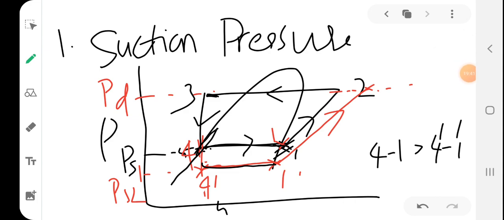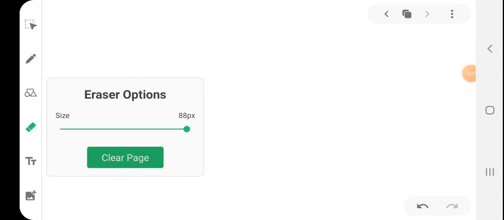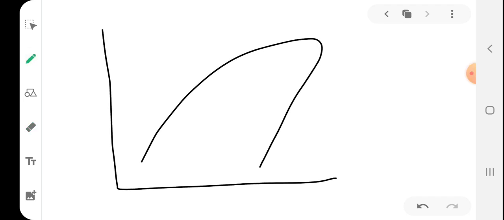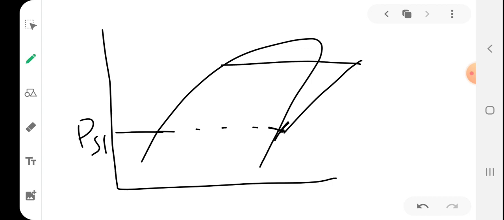I will draw it once more, as it is not that clear. This is 1. This pressure is suction pressure PS1. I will condense only up to this state. This is 2, 3, 4, 1.